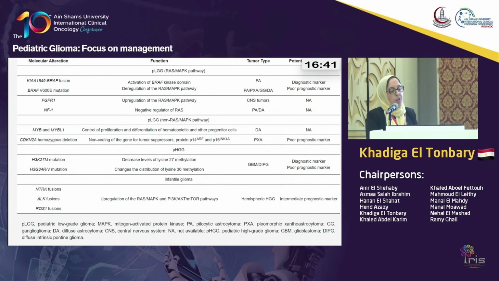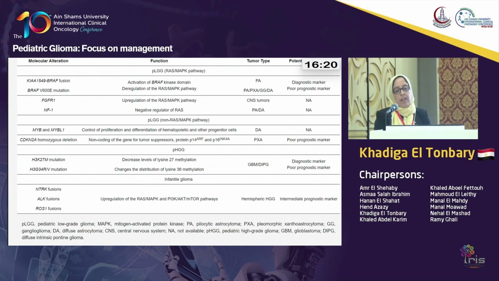As you can see, these are the molecular alterations in the different gliomas in the pediatric age group. Mainly, I will talk about the BRAF mutation with activation of the BRAF kinase domain, leading to pilocytic astrocytoma, and it's used as a diagnostic marker in the treatment.